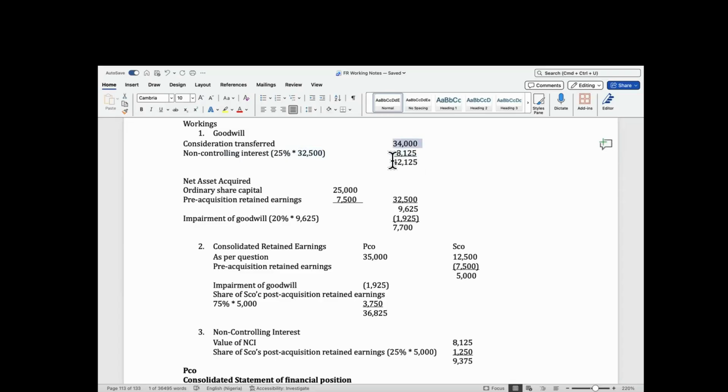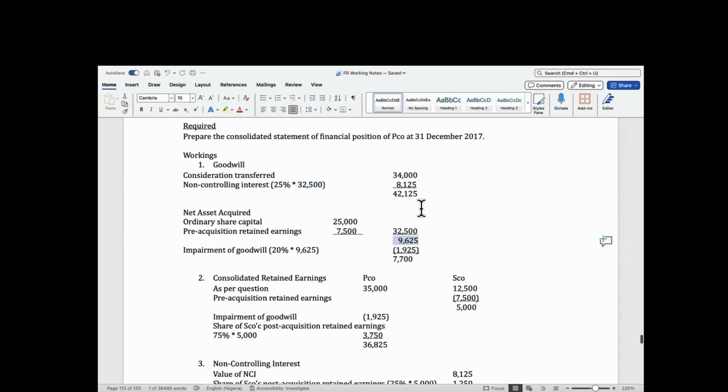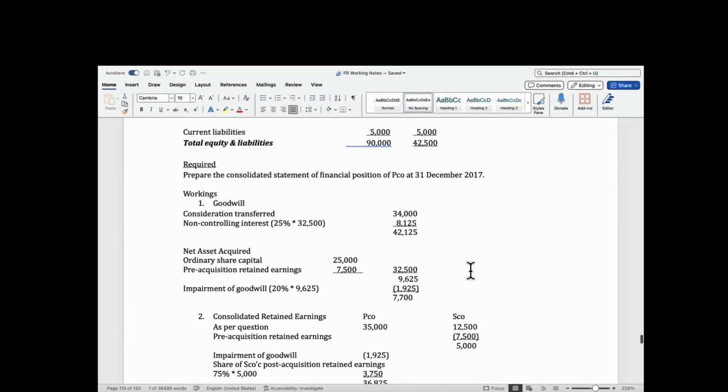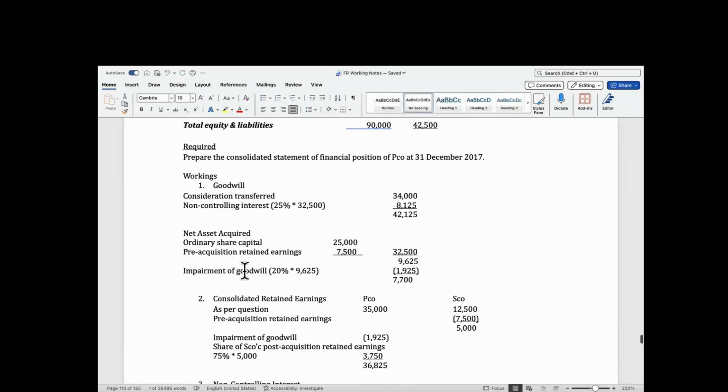I add it to this, it gives me the total amount paid. Then compare it with the net asset acquired. I have a goodwill of 9,625. Now, since I'm told that the goodwill was impaired by 20%, I will calculate impairment of goodwill, which is 20% of this, and gives me 1,925.